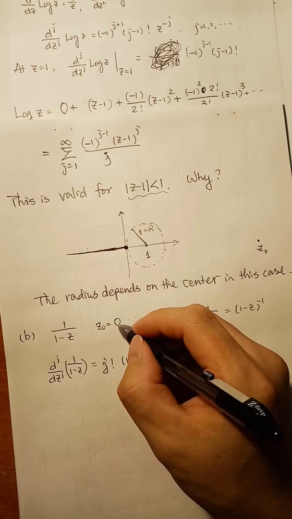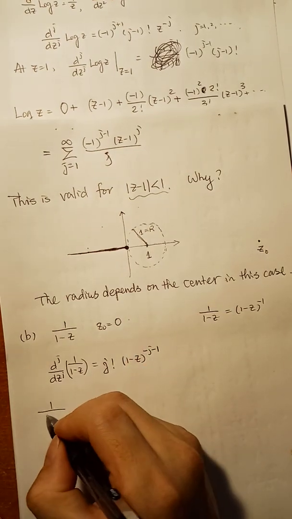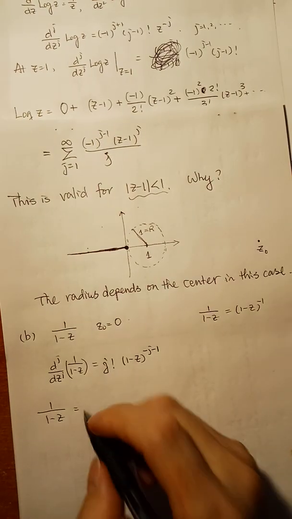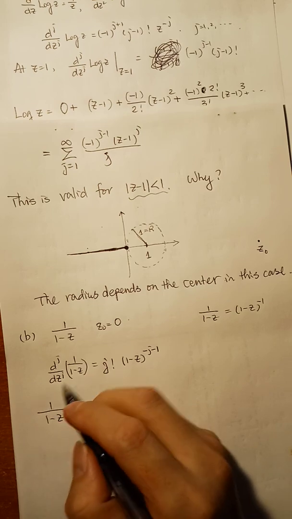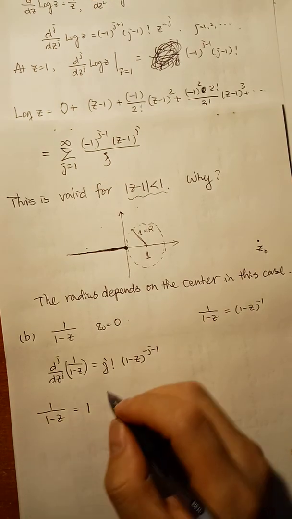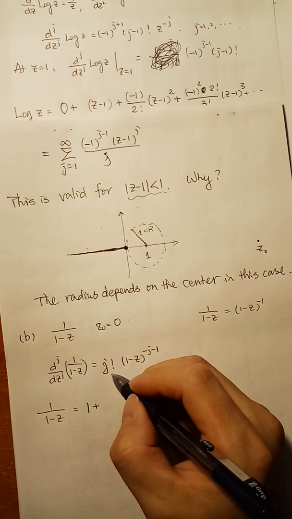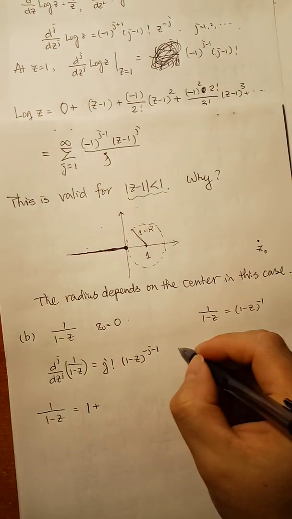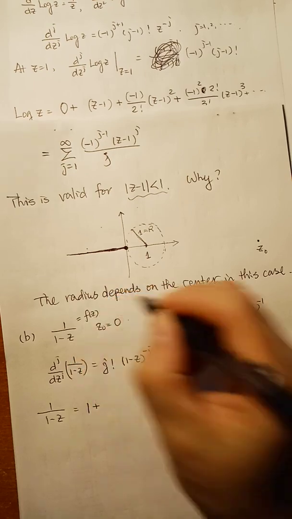And also remember z0 is 0. So 1 over 1 minus z, let's call it f of z.